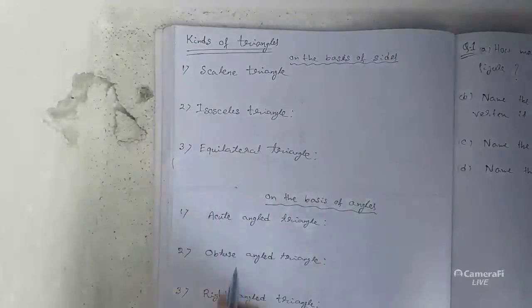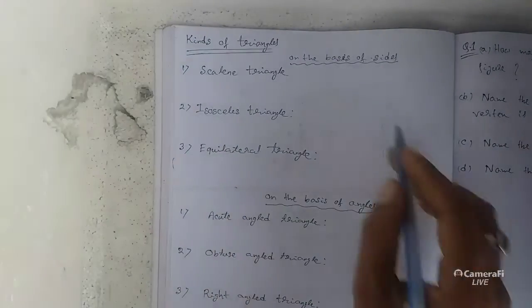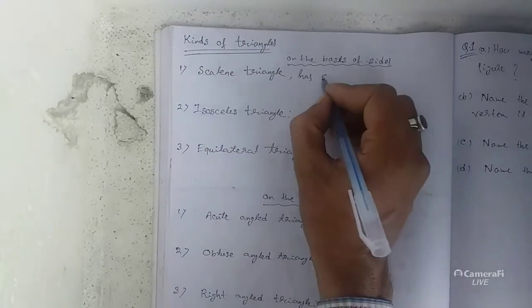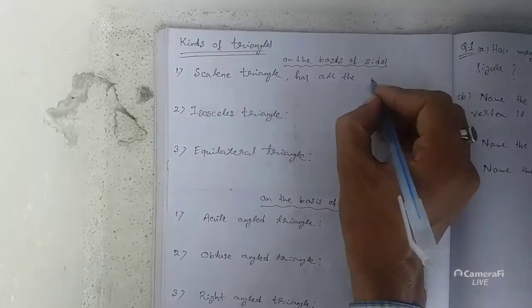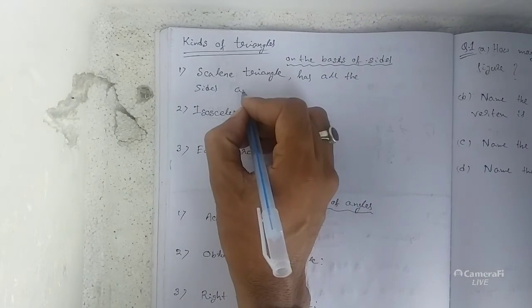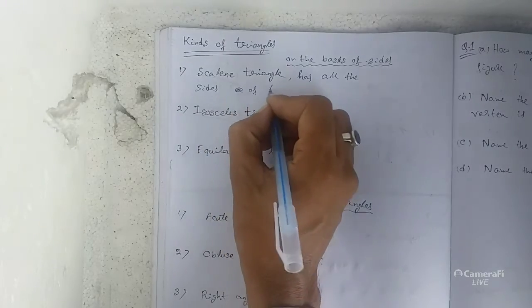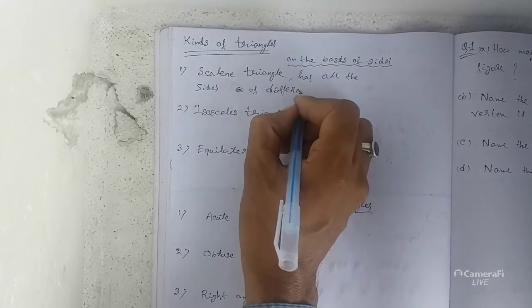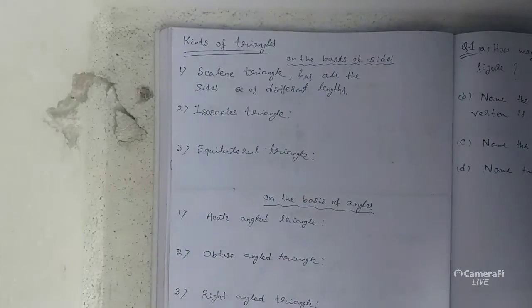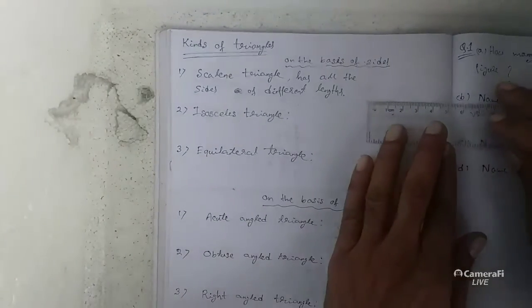Number one, scalene triangle. A scalene triangle has all the sides of different length. What will be the figure of this type of triangle?